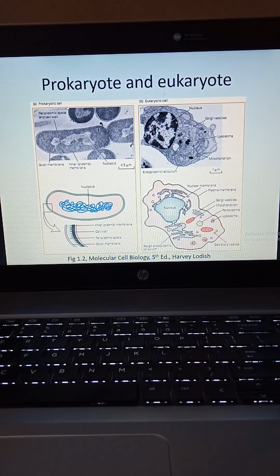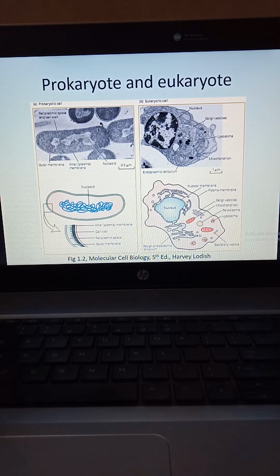Okay, on this slide, you help me to find out which are prokaryotic cells and which are eukaryotic. Let's say this is a model cell and this is showing the DNA in blue inside.